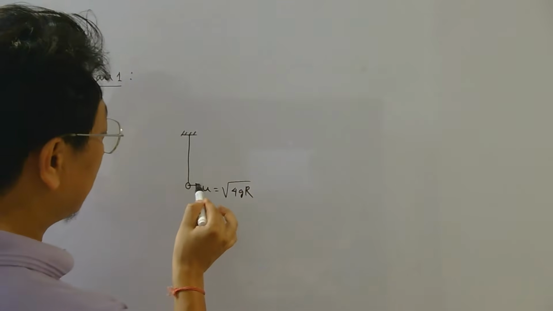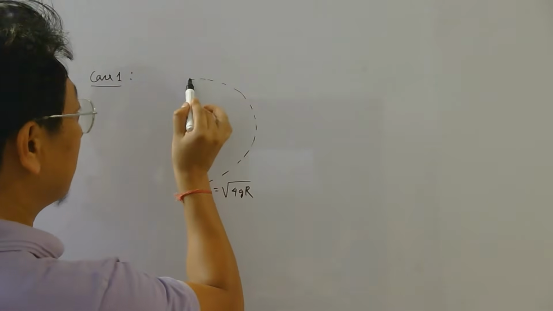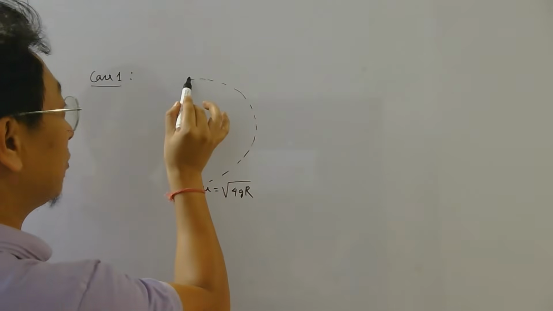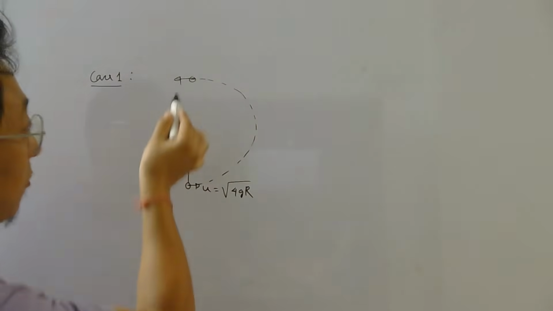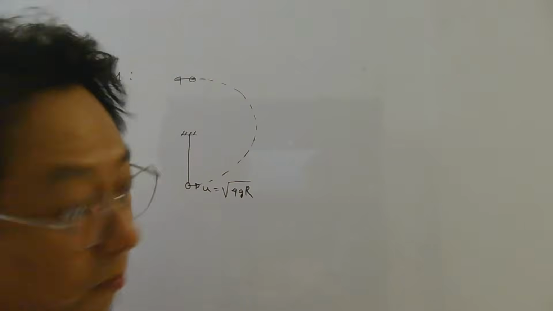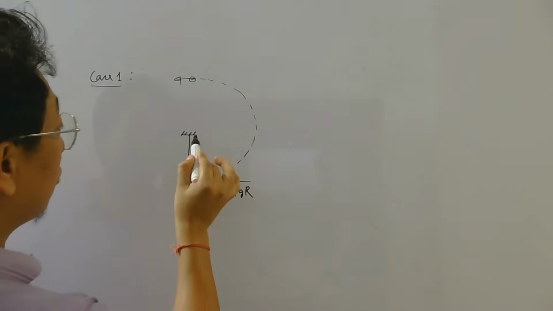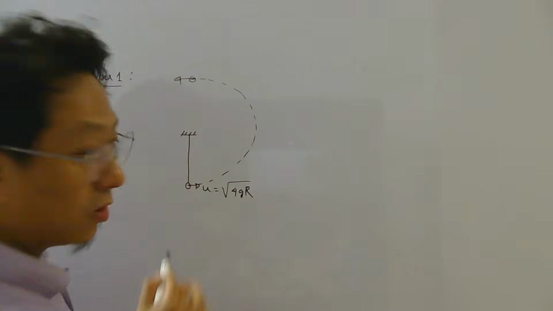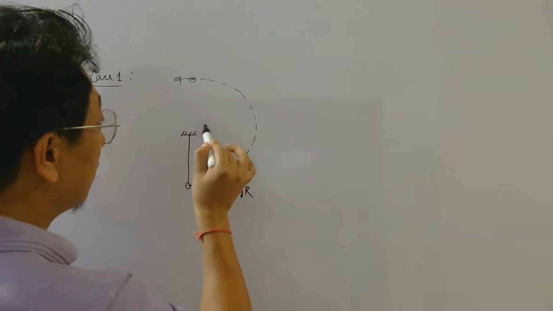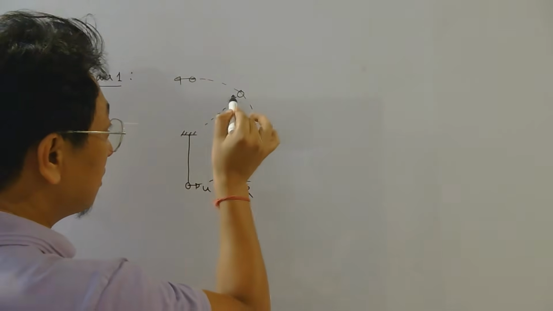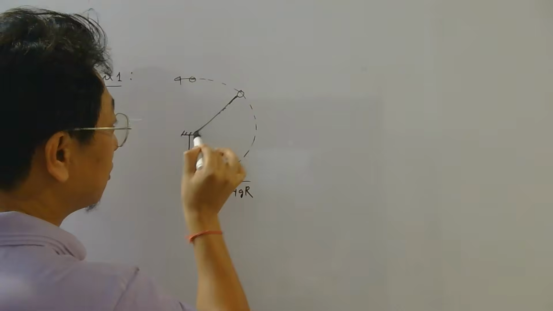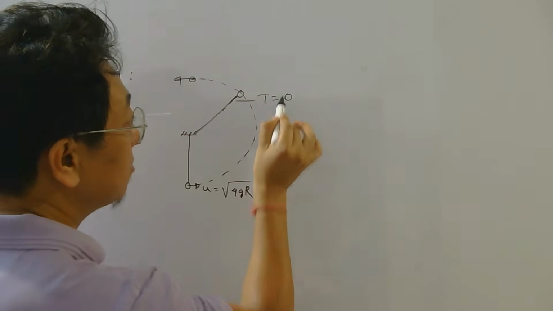Well, yes, if it was able to reach till here, it will have some velocity and therefore it will complete the loop. But the problem is, I will show you that when you give this much velocity, our pendulum will reach somewhere here, and when it reaches somewhere here, the tension in this string will become zero.